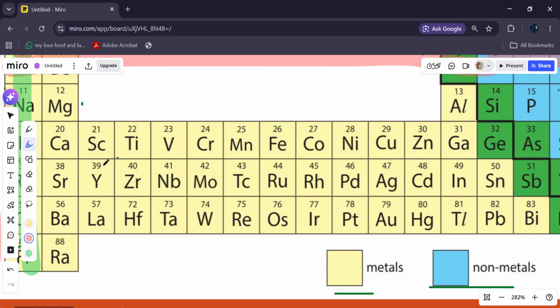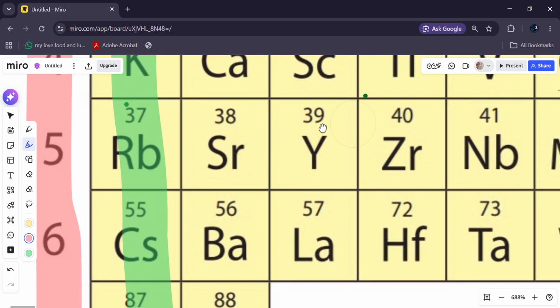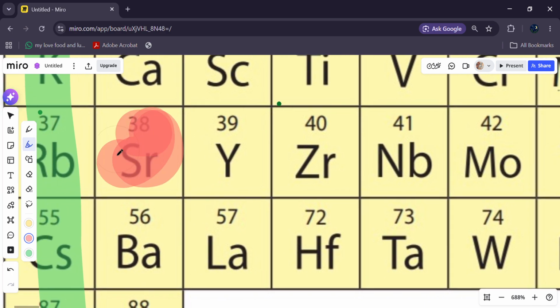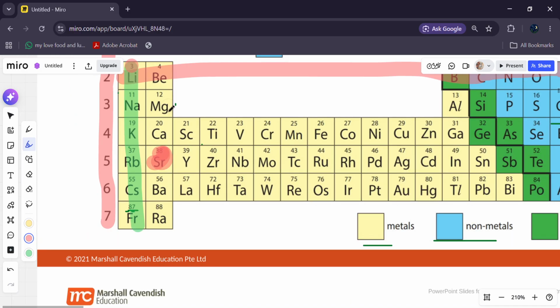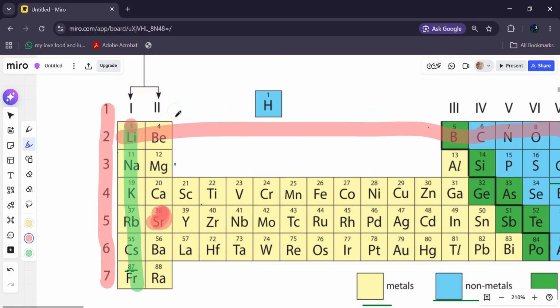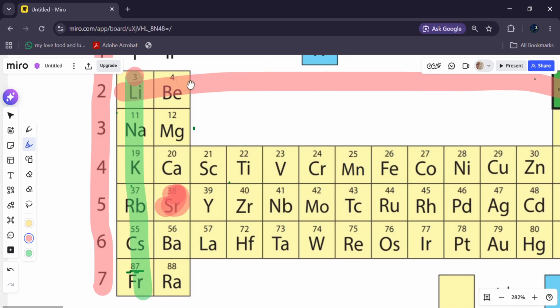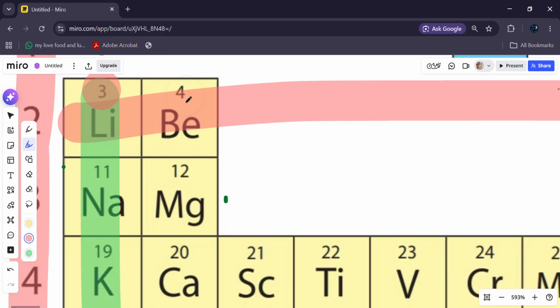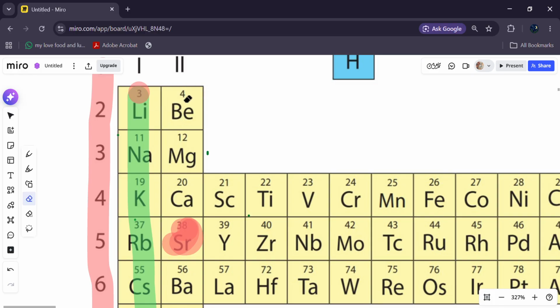So that means that each element has a specific proton number. Let's take this element, for example, this Sr element. If you notice, it's in the middle of the group, but at the beginning of the period. Because in the group, the element with the lowest proton number is beryllium, with a proton number of 4.